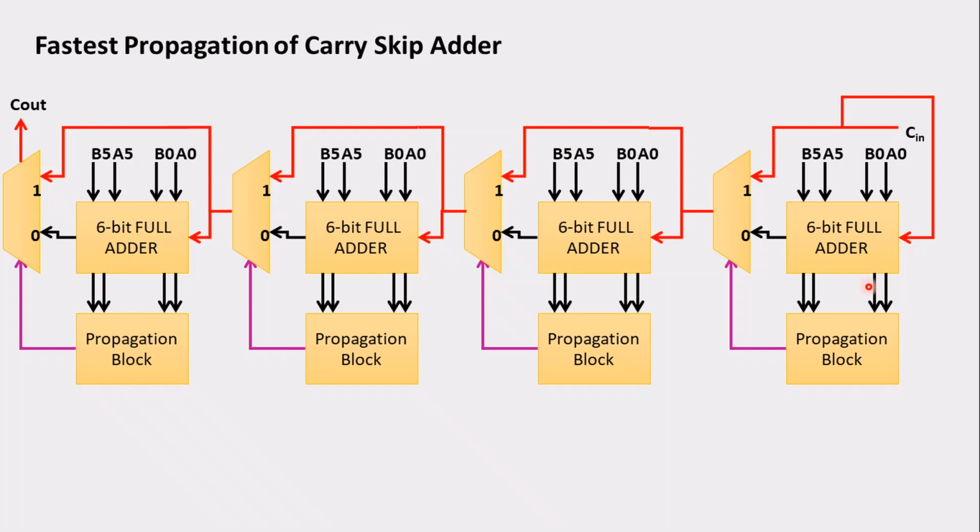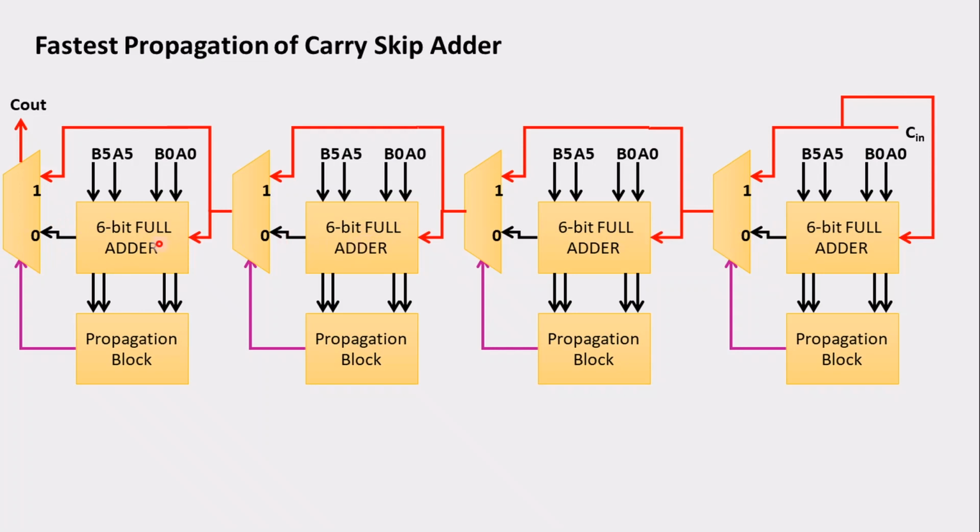So the speed of your design is increased by 400%, right? Let us consider that this is 1 nanosecond: 1 nanosecond plus 1 nanosecond plus 1 nanosecond plus 1 nanosecond.